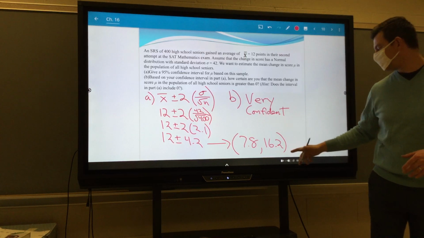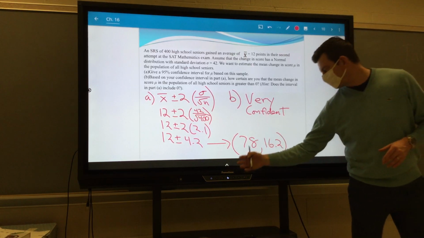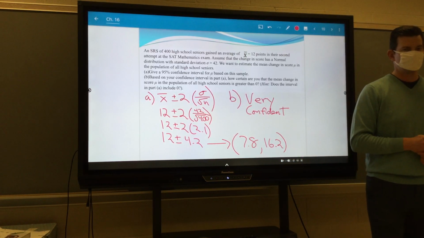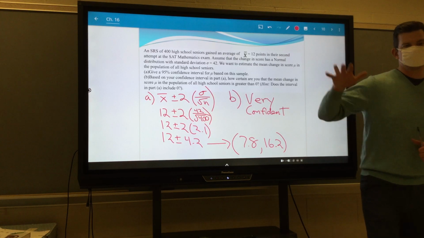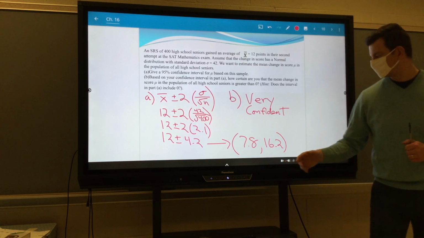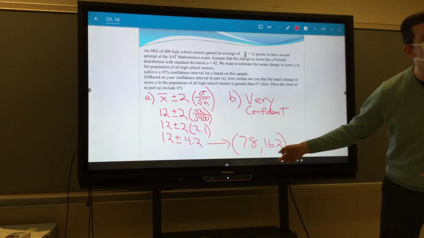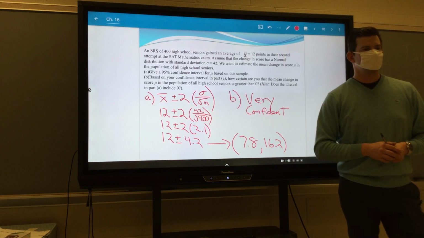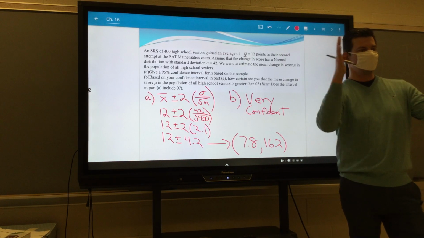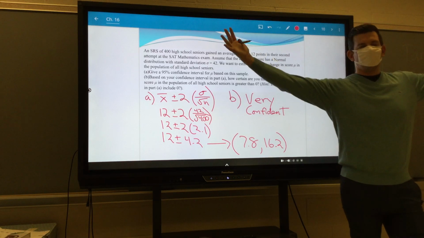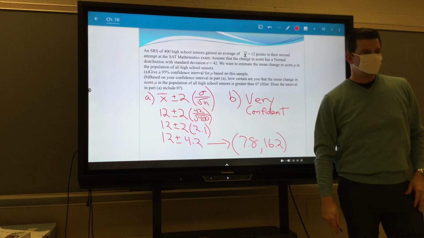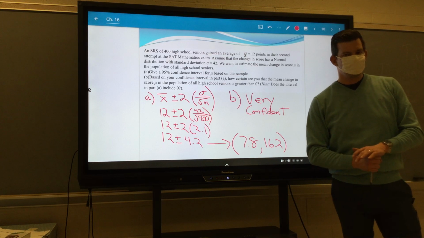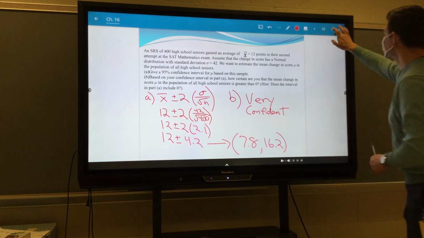When we're 95% confident, it goes 7.8 to 16.2. If we're decreasing that level of confidence, you can tell me what's going to happen with these boundaries. Is it going to get more narrow, or is it going to get wider? Well, let's see.